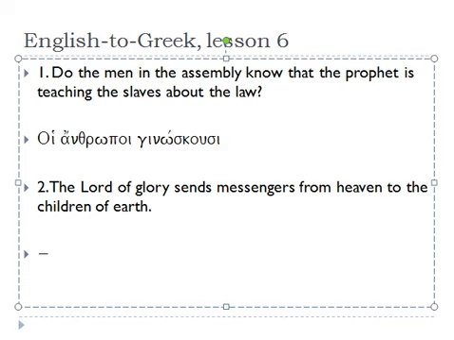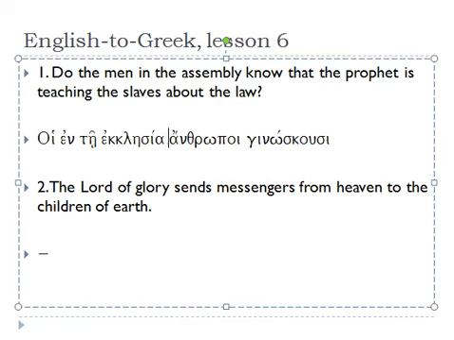Well, in the assembly, of course, is a prepositional phrase: en, followed by the dative. The assembly is he ekklesia, so en te ekklesia. We could stick it between the hoi and the anthropoi: hoi en te ekklesia anthropoi.